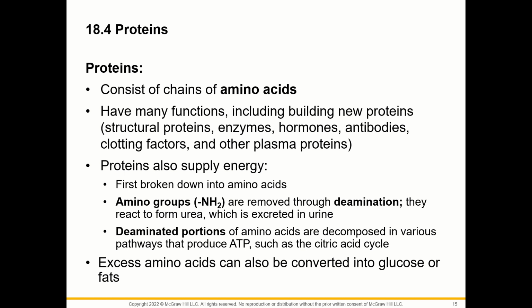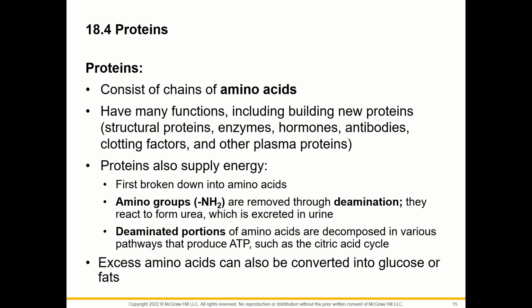So back to that deaminated portion, that's when they take the amino group off of the acid. And so the acid is actually going to be COOH. I like to think of acids as COO. And so amino groups, which are the nitrogenous base, NH2, are removed through deamination, and they react to form urea, which is excreted in urine.